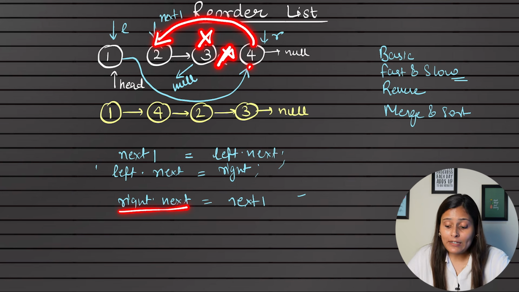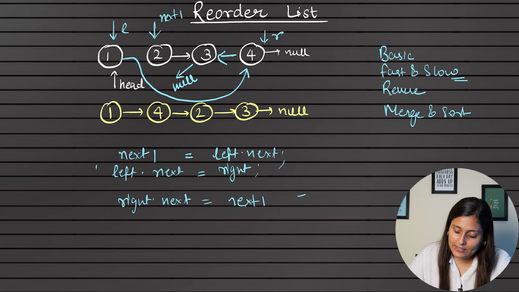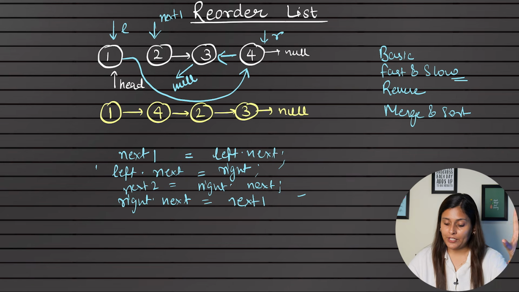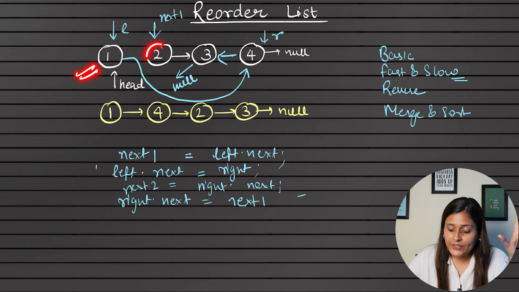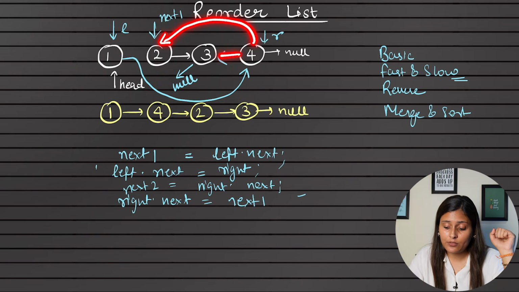So it's very important to save this. So let's save it in next 2, which is having right dot next. Done. So what we did? First, we saved its next in next one, and we disconnected and connected with right. Now similarly, we want to connect this right next to this, but before disconnecting this, we have saved it in next 2. Done.